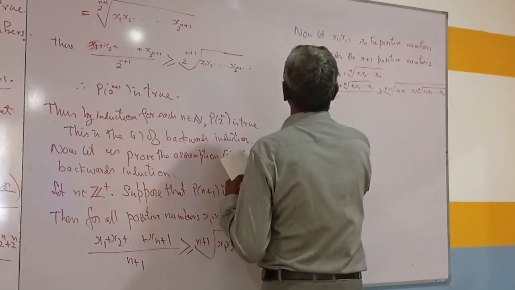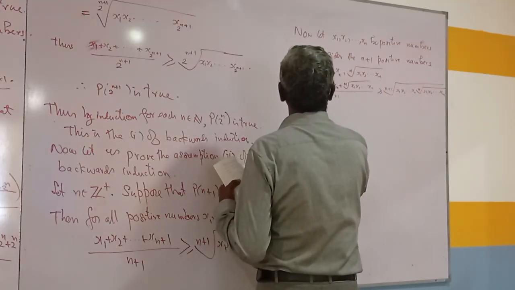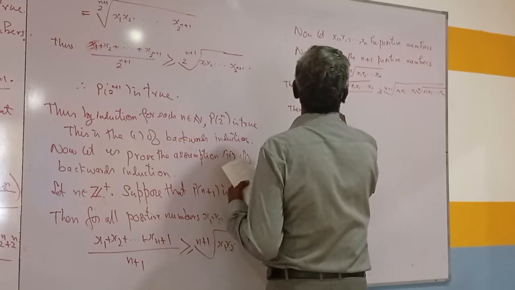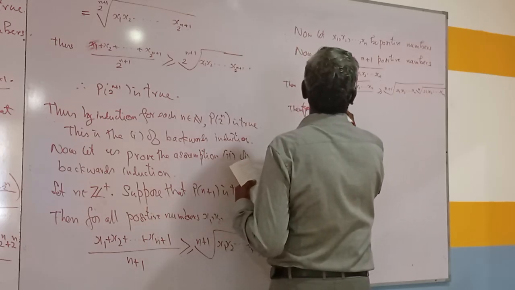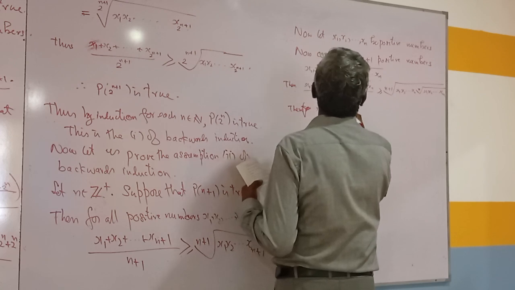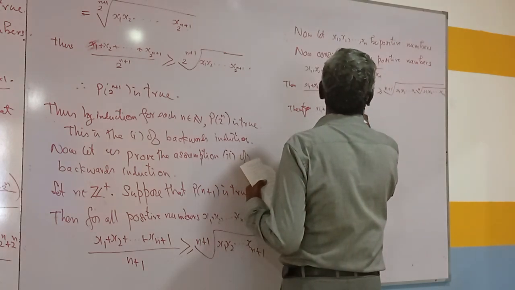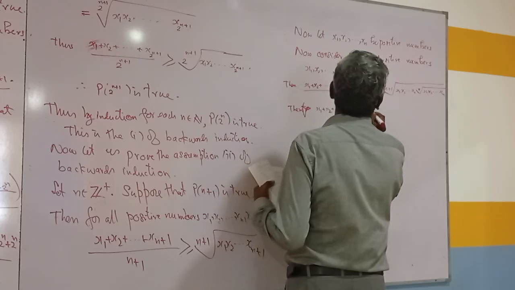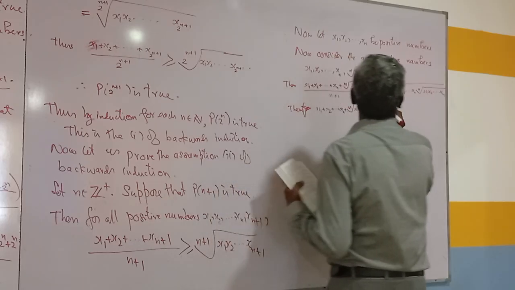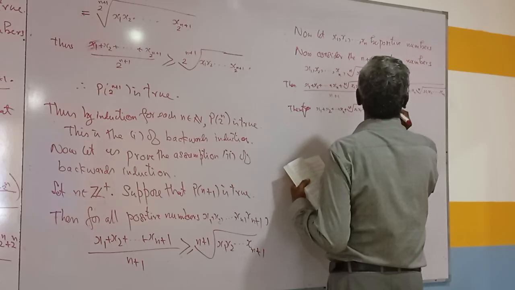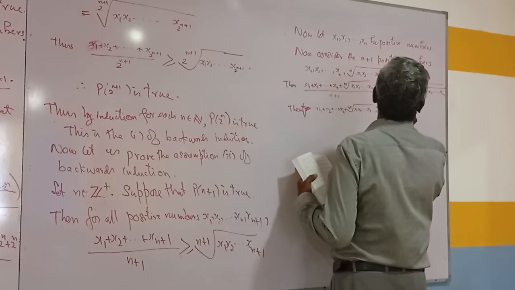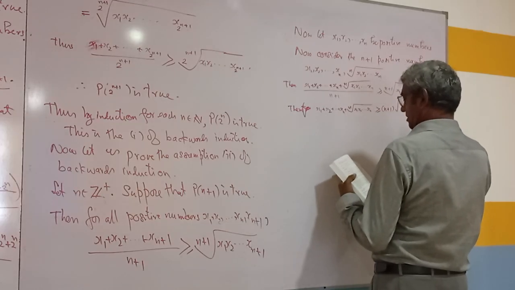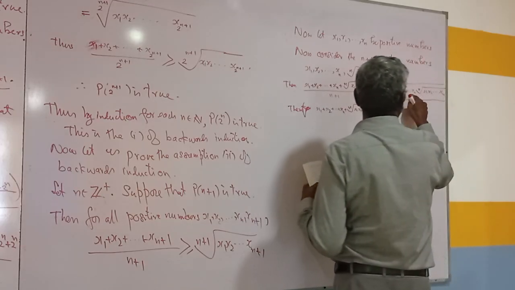Therefore, x1 + x2 + ... + xn + the nth root of x1, x2, ..., xn is greater than or equal to n+1 times the (n+1)th root of that product.